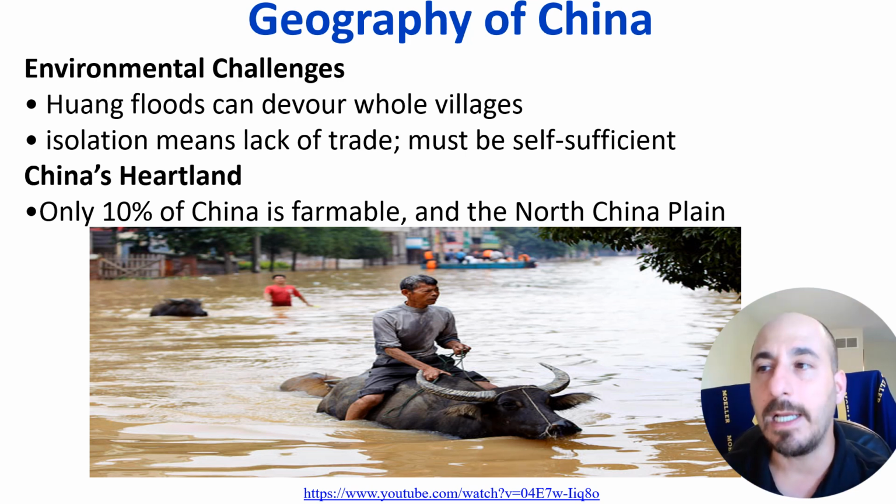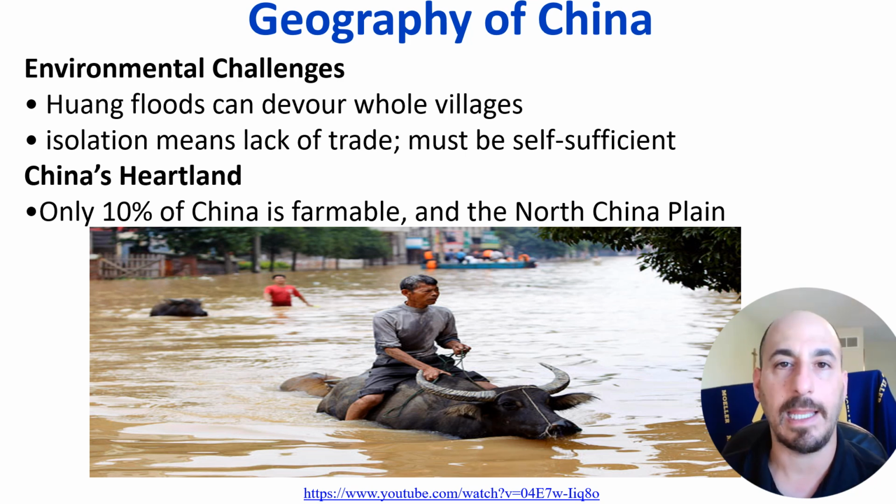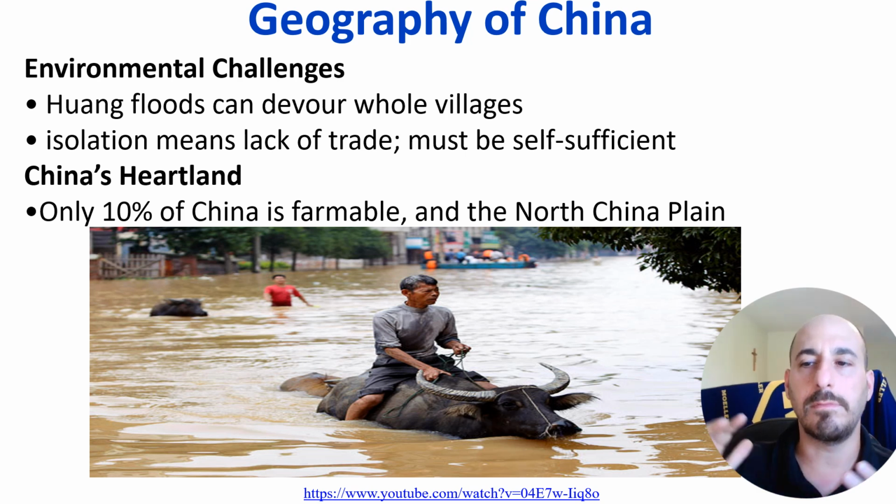So for China, isolation is a problem, right? They're kind of sealed off. But the advantage to that is the Chinese people become incredibly self-sustaining. Because China has a hard time interacting with the outside world, they get everything that they need within their own borders. So, for example, China starts making arguably the best pottery in the world.